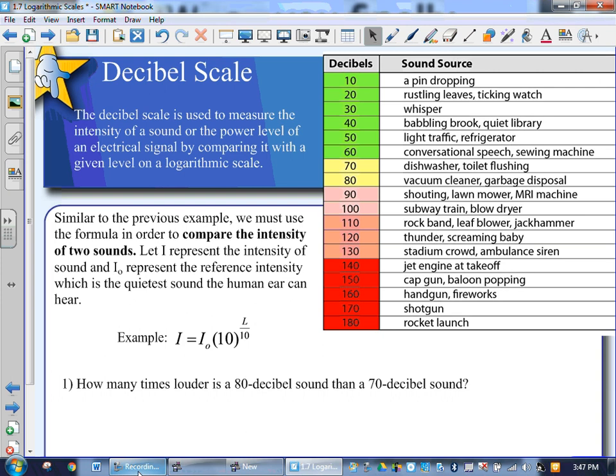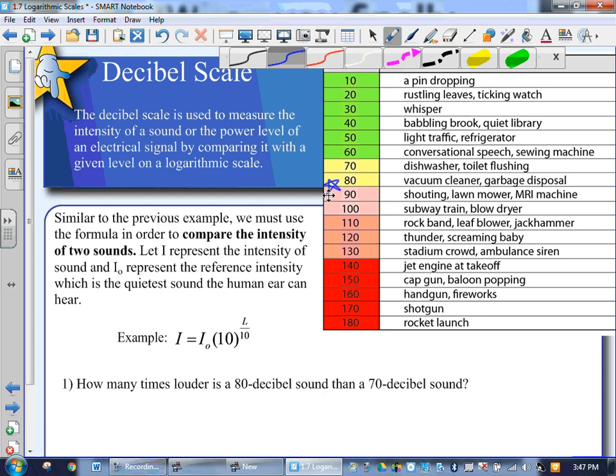As you can see, it's coming up here, and at approximately 85 or 90, one of those two, I can't remember, this is where we should actually wear hearing protection if we're going to hear something for a prolonged period of time. So think about if the garbage disposal was going consistently, it would be a lot. Or if a lawnmower is going consistently, it becomes very, very loud. Okay, so anything over that level could potentially ruin your hearing.